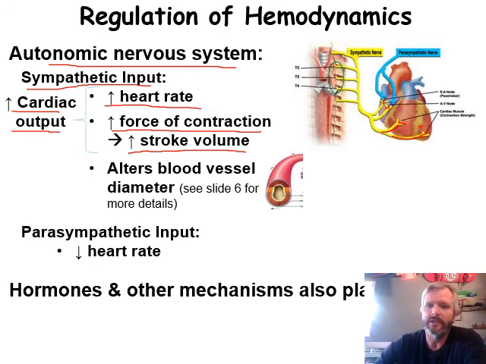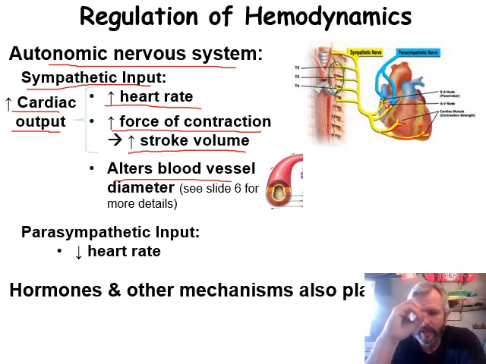Right, we will see the sympathetic also will help regulate blood flow by altering blood vessel diameter. Okay, so diameter of the blood vessel, we can have dilated, wide open, or constricted.